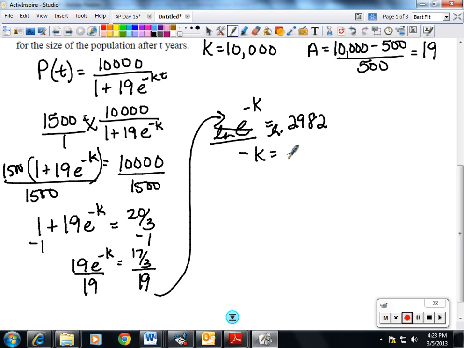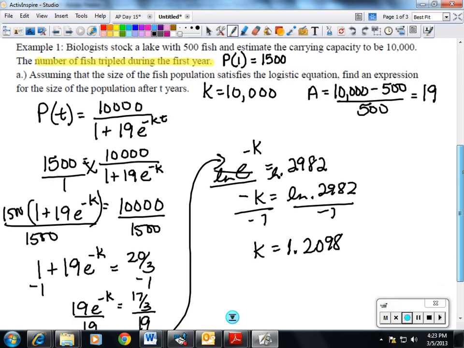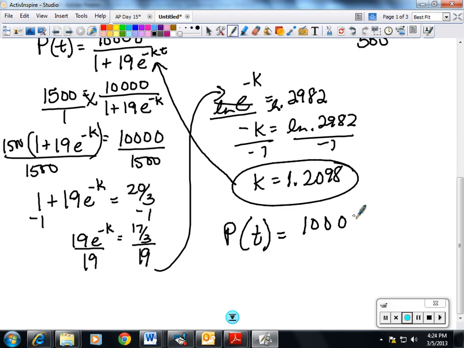Negative k equals the natural log of 0.2982, and divide by negative 1, and you get k to be 1.2098. So I'm going to fill this back in there. The expression for the population is 10,000 over 1 plus 19e to the negative 1.2098t.